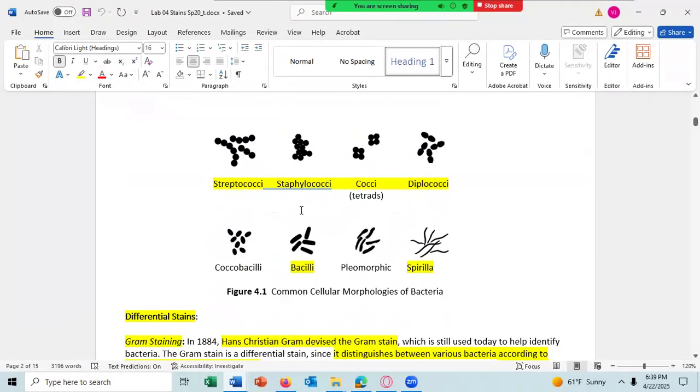And then these are different cellular arrangements where the cocci are in strings called streptococci. Here the cocci are in a cluster, like staphylococci. The cocci here are in tetrads, 4 cocci hooked together. And here the cocci are in doublets, and that's called diplococci.